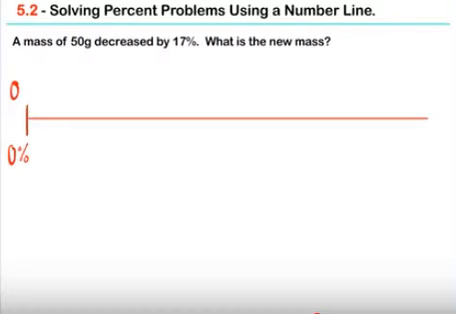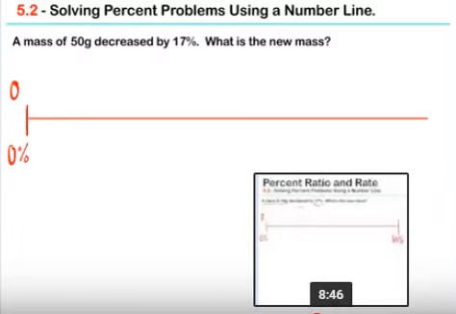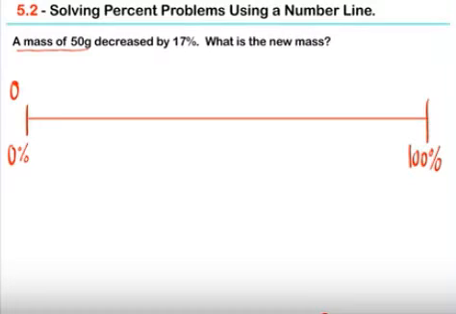So you have 0 and 0. 100% will be equivalent to 50 grams. So on the whole number side, you place the 50 grams.